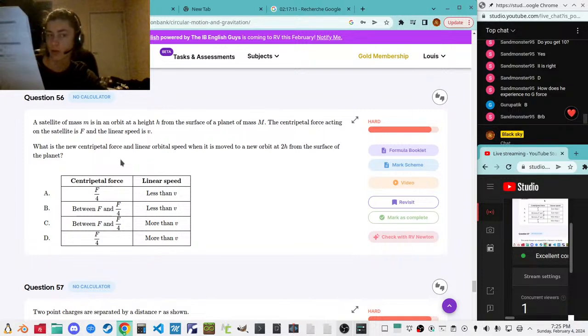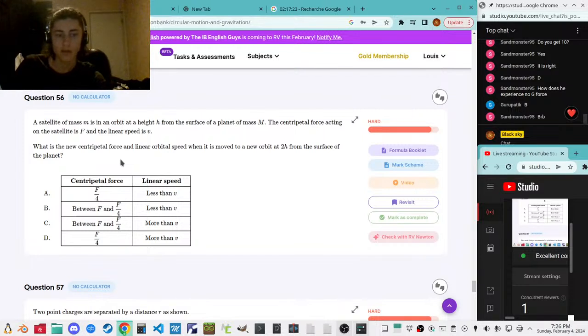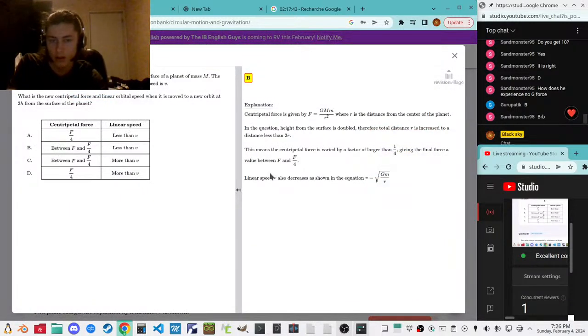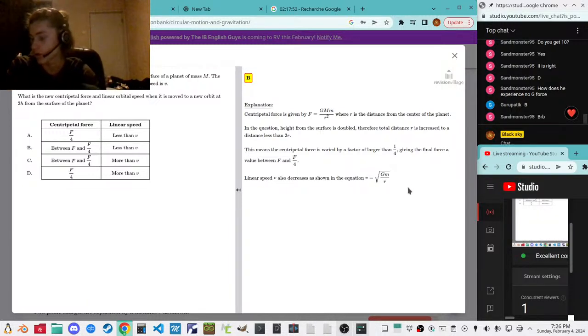If you have a smaller g, you have a smaller a. But then r is already in the equation, so there's still one r. It's going to be smaller. Let's say b. Linear speed v also decreases as shown in the equation v equals the square root of GM divided by r. Okay, and that's what we had.